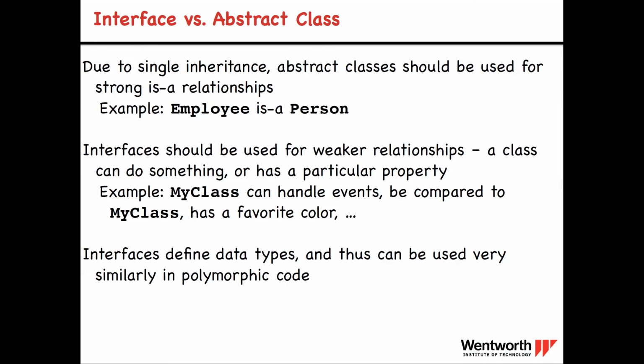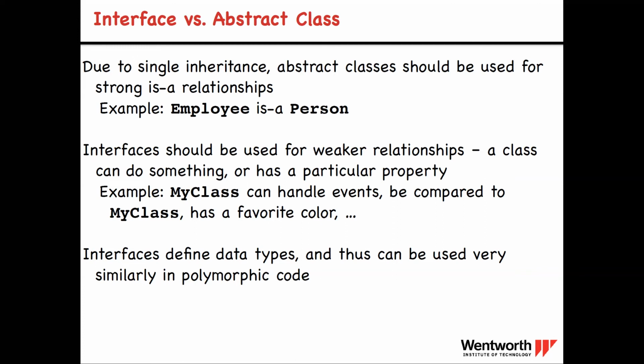One of the questions that you might be thinking of is, well, why use an interface over an abstract class? So obviously one of the answers to this is something we talked a little bit about last time, that you can only have single inheritance. You can't have more than one parent class. So because of that, abstract classes should be used for strong is-a relationships.